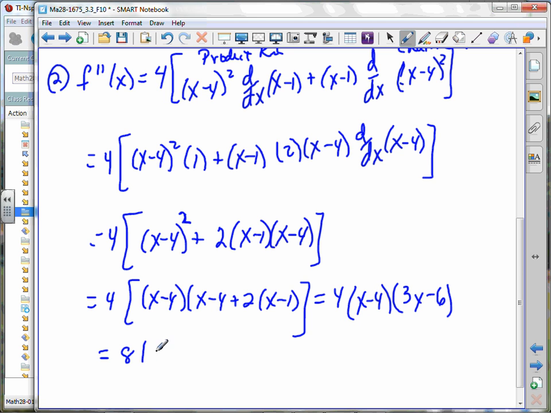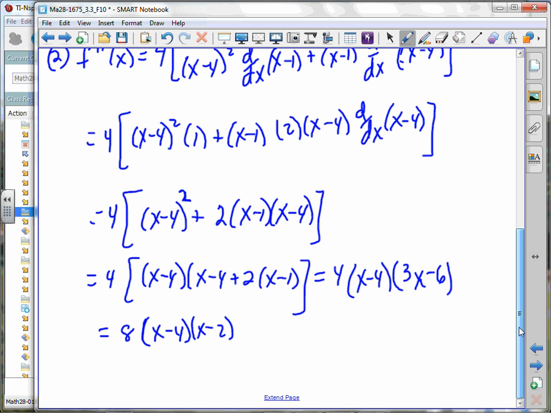So I should get 8x minus 4, x minus 2. There's no y's in there. Sorry about that. As the day wears on, my handwriting gets worse, so you see the worst of it here. Anything else, though, that you need clarifying on?